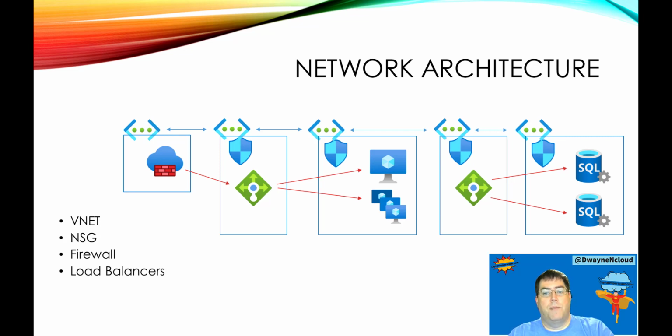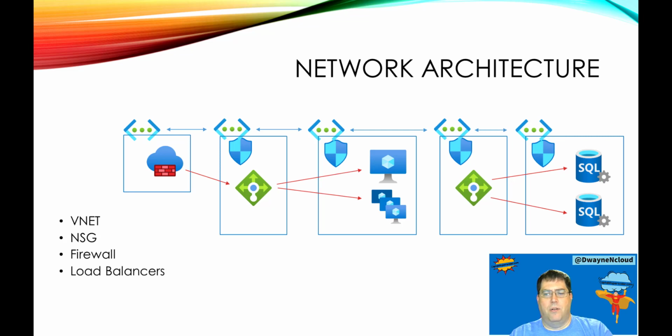We have our firewall, which is our perimeter device that's taking traffic. It's doing that deep packet inspection, and it's pushing traffic to our load balancer. And then our load balancer is directing that internet traffic to our virtual machine endpoints.